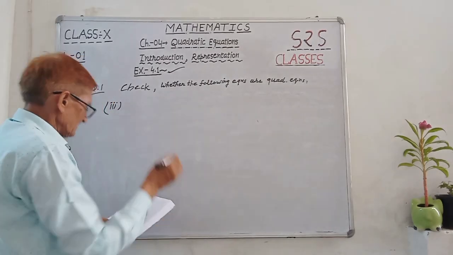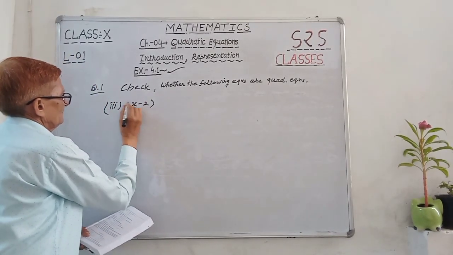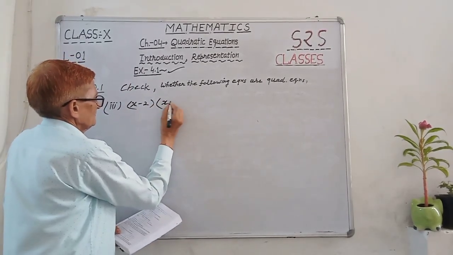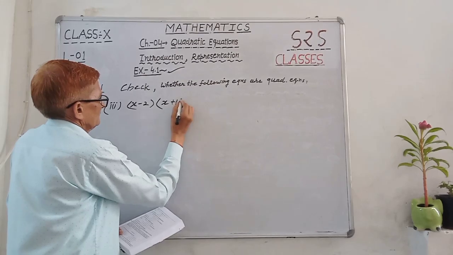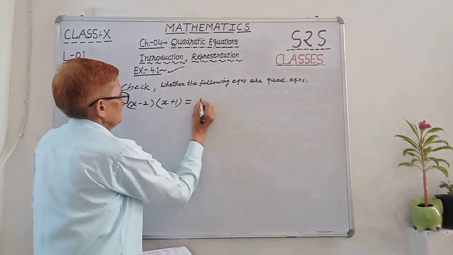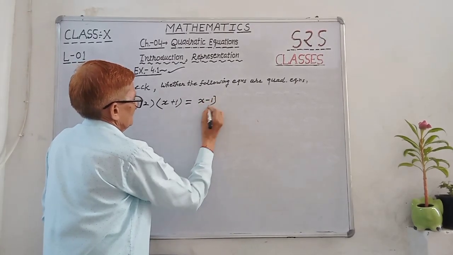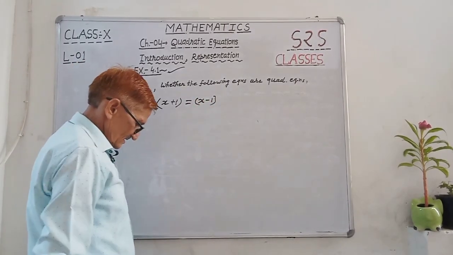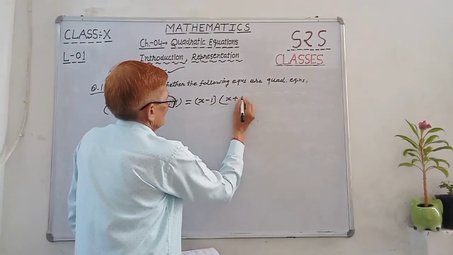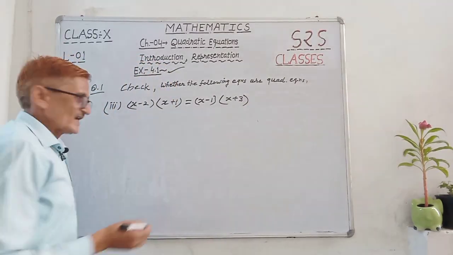Then third: (x minus 2) into bracket (x plus 1) is equal to (x minus 1) bracket into (x plus 3). This equation, check this.